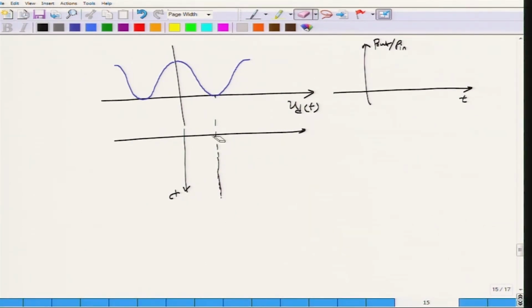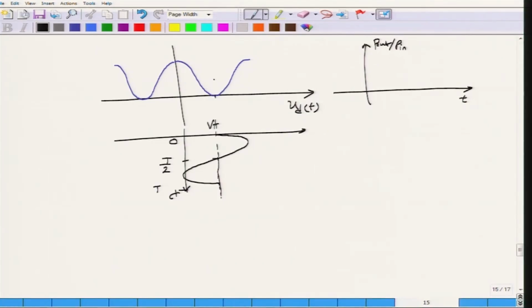I consider the modulating signal which will go to a peak value of v pi, but the average value of the ud of t signal is at 0, and this would be time t by 2, this would be the total time t, okay.